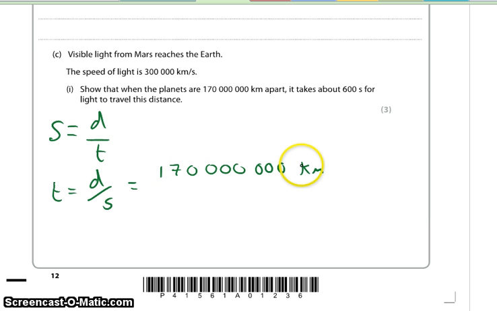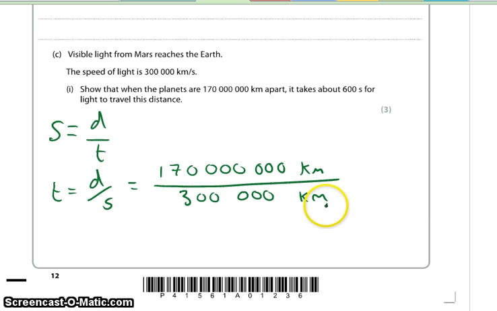Now, if the planets are 170 million kilometers apart, but the speed at which light travels is 300,000 kilometers per second. Well, because they're both in kilometers, we don't have to worry about converting them into anything else.